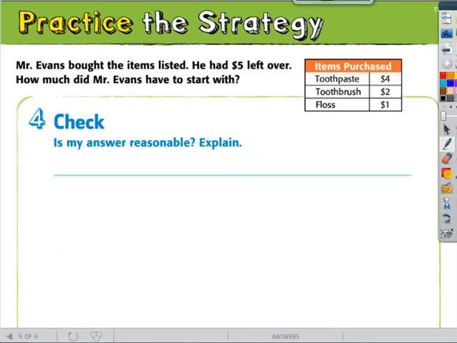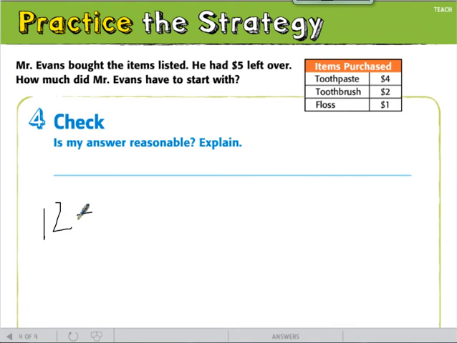Now what they're going to ask you is if your answer is reasonable and to explain. So the way you do that is you take it and you flip our problem around. So we did 5 plus 4 plus 2 plus 1 equals 12, right? Well, we know that he started with 12. Then he spent all of this. And then he was left with how much?